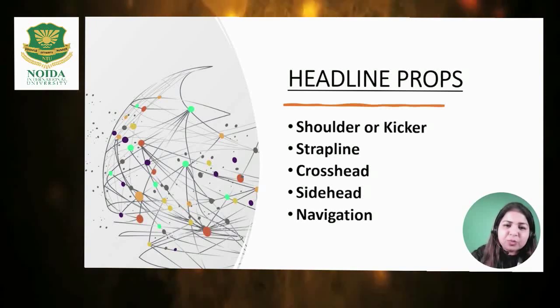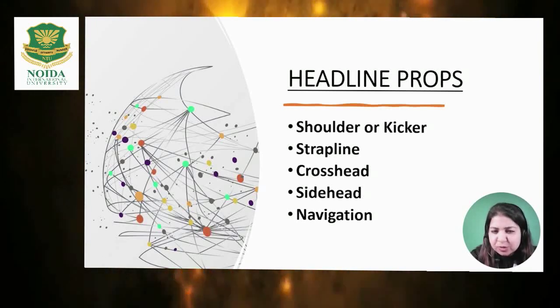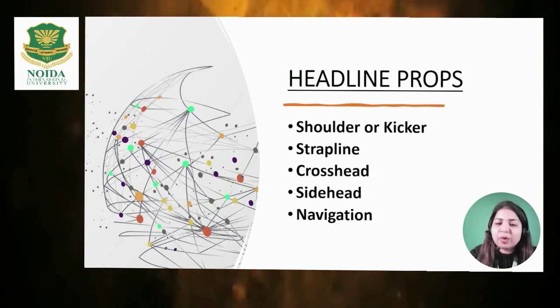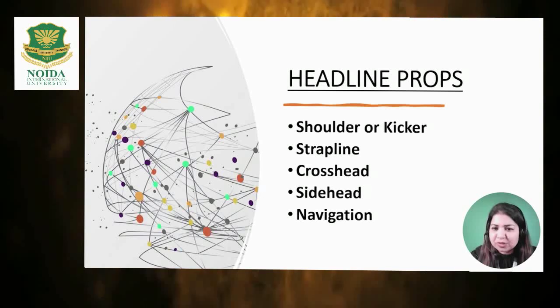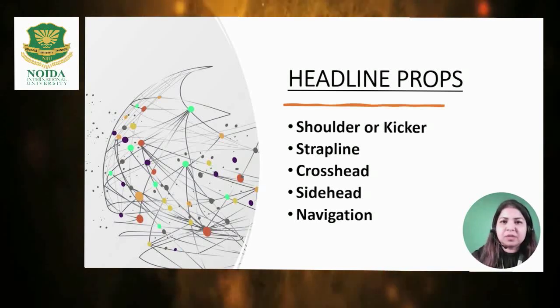A crosshead cannot be called a headline prop in the strict sense of the term, but it breaks the visual monotony of the text when the story is quite long. It does so by giving readers an idea of what to expect in the paragraph following the crosshead. Notably, few newspapers are found using crossheads in news reports these days.